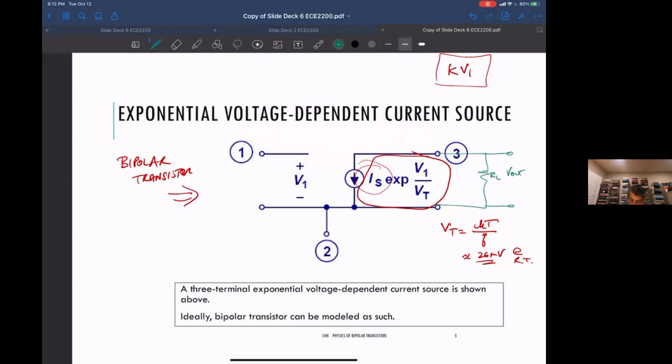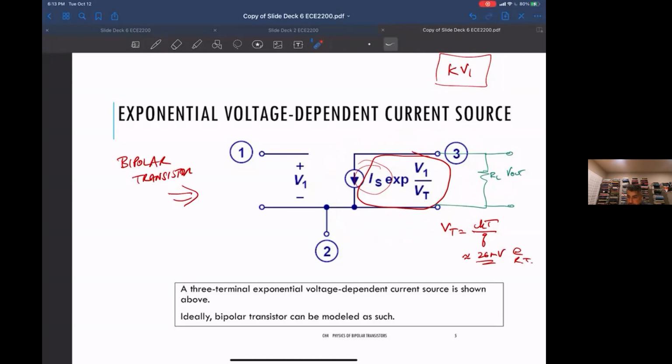V out would be this current times minus this current times R sub L. So it'd have an exponential gain from V1, which is a really nice thing, because the larger this number, the higher the gain I can get out of a circuit like this. Okay.